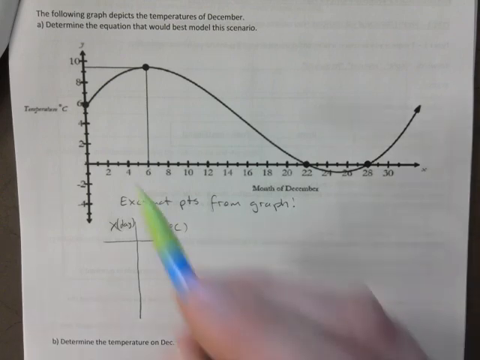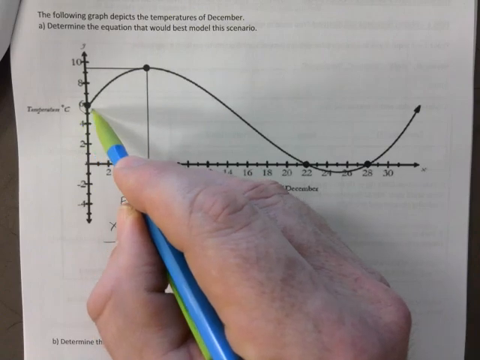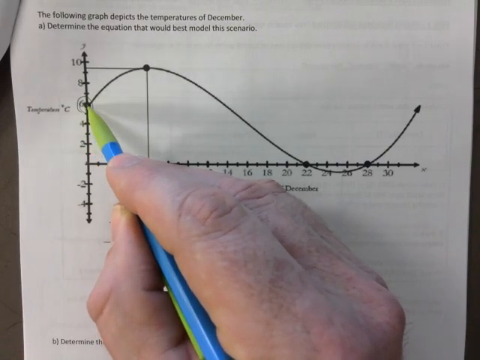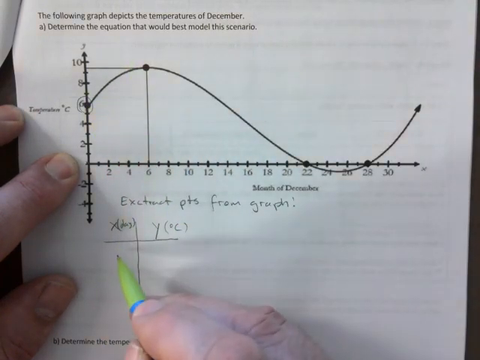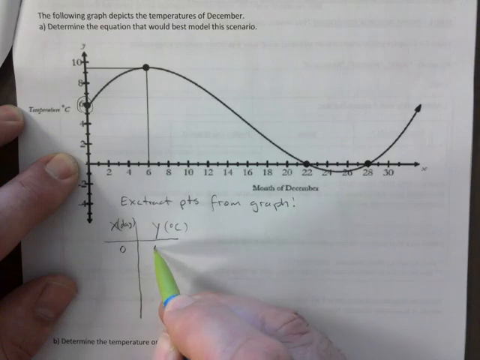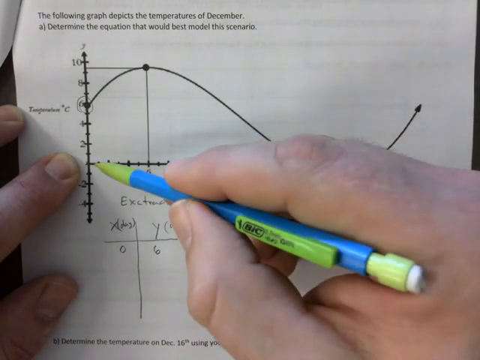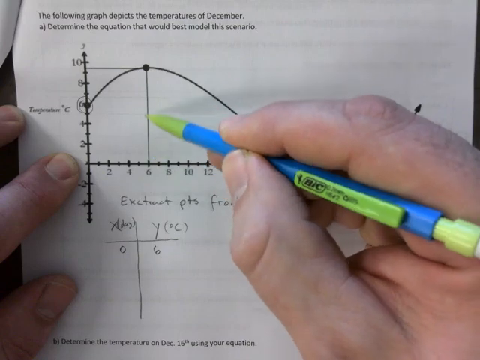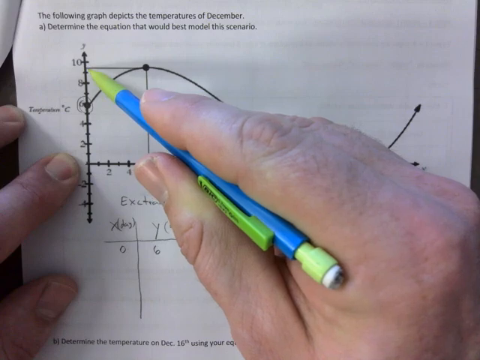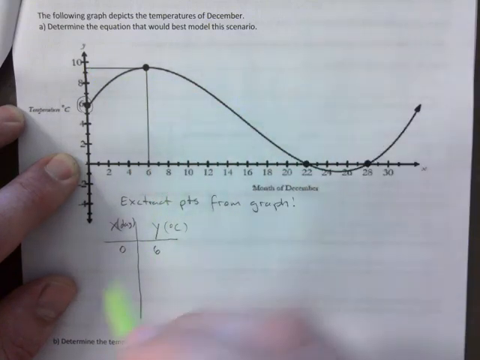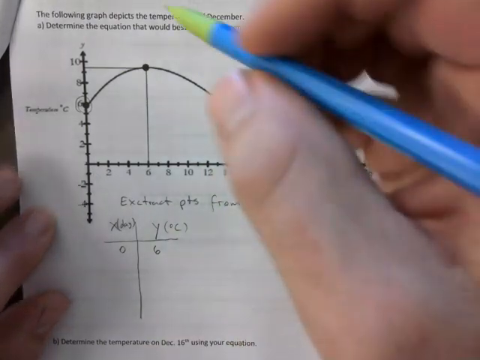So, what's that one right there? I kind of made them very visible. That is 0, 6, right? And then 6 goes with, what would you say? 9, right? Would you say 9 point, oh yeah, 9.5.